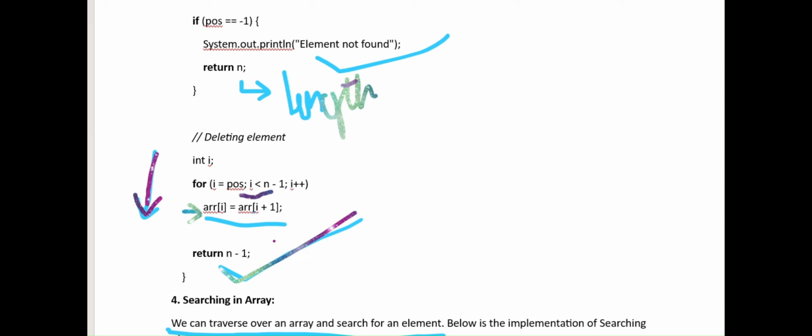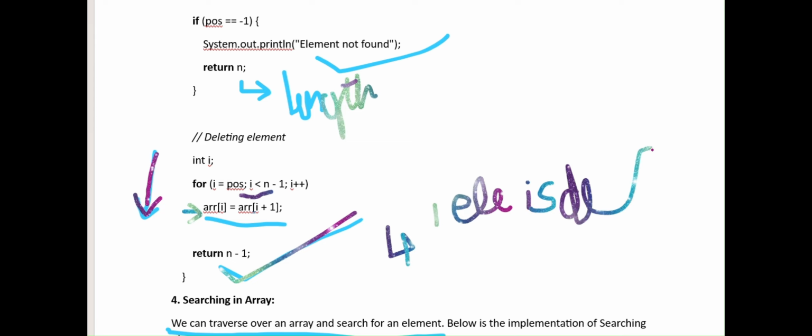It means it will return 4 elements, because one element is deleted.